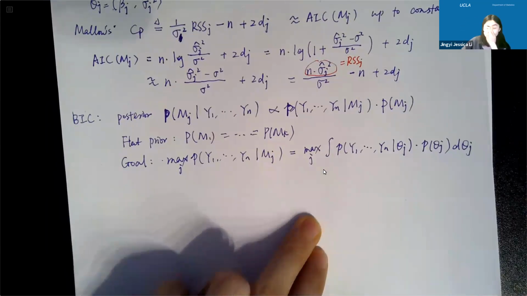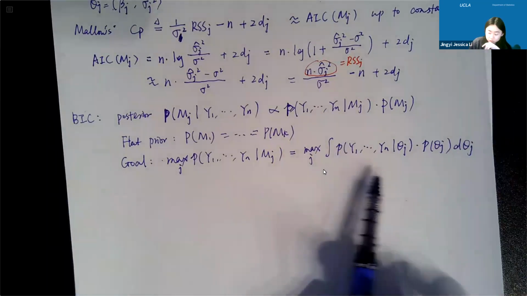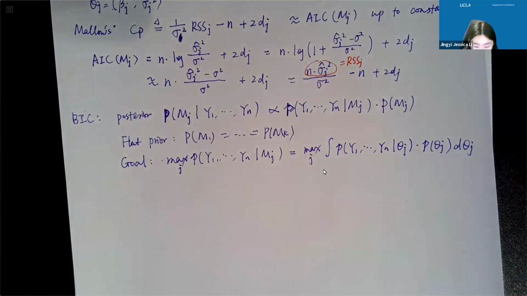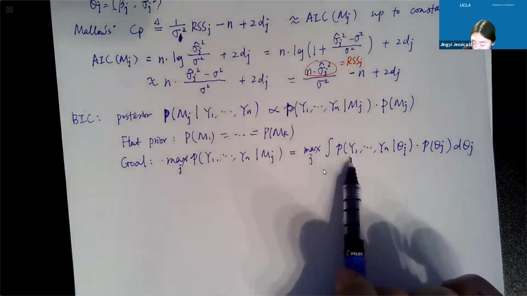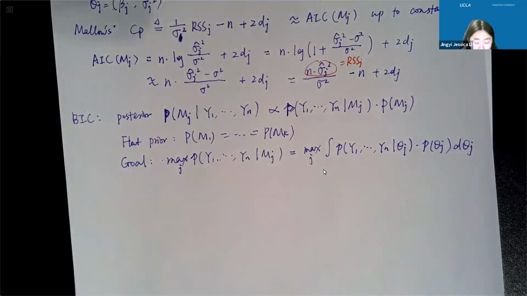This is what we do as a Bayesian person. So we need to do integration over the possible values of theta j, while as a frequentist person, we only consider the true value of theta j. So this is the target of BIC.